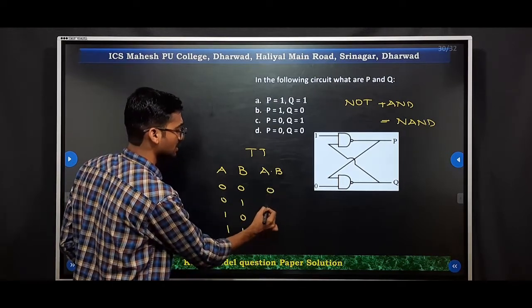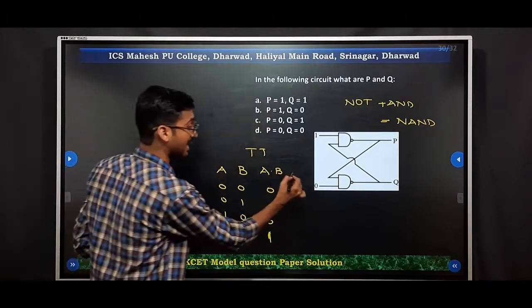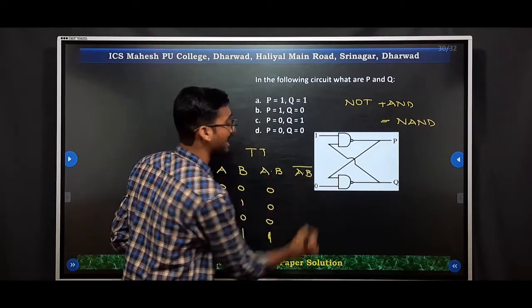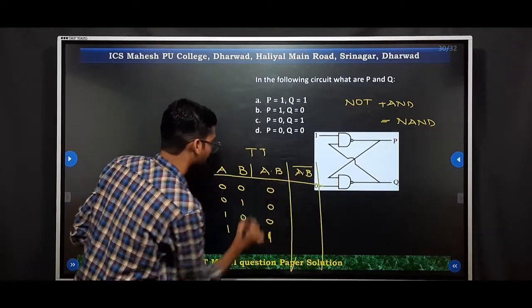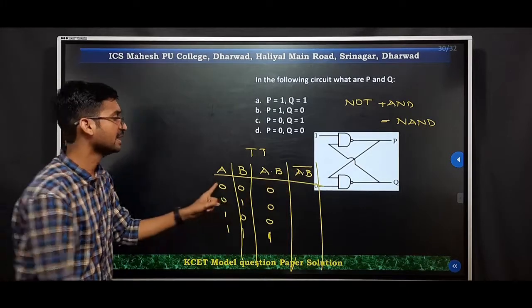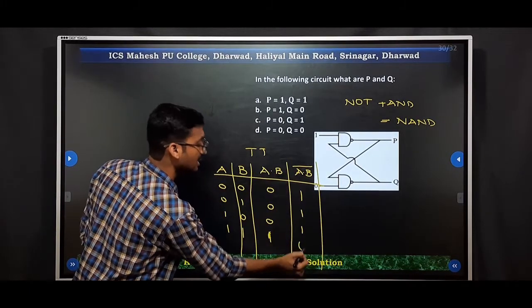For AND it is 0 0 0 1, but a NAND gate means the negation of it, so A dot B bar. Therefore this is the actual truth table for the NAND gate, exactly the negation: 1 1 1 0.